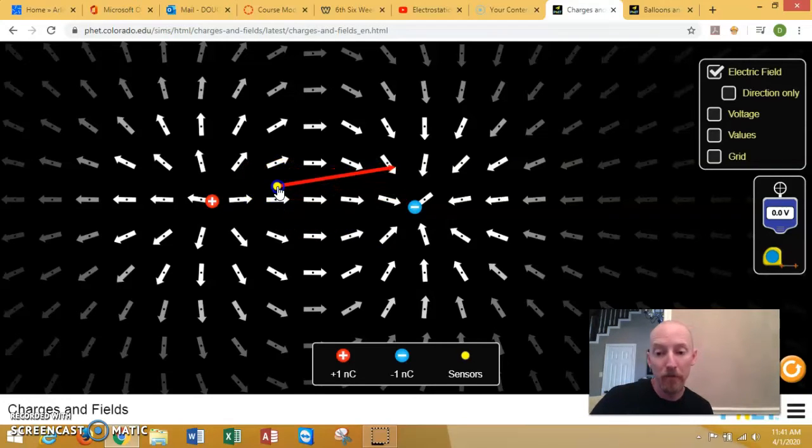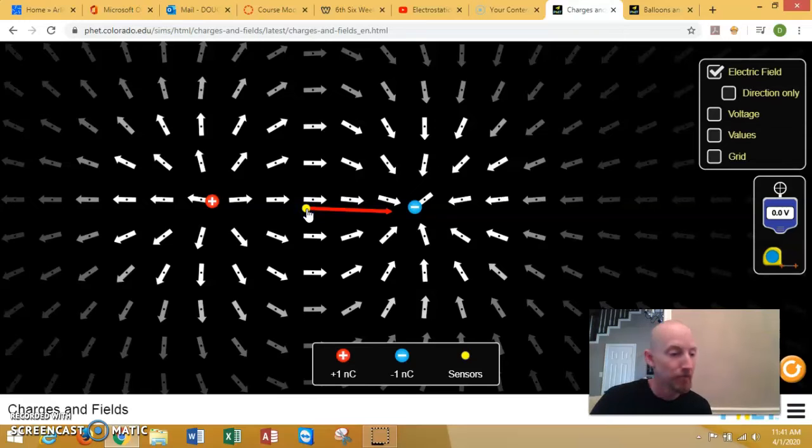Test charges are always positive. Notice this would make sense. Here, this vector represents which way that test charge is going to go. Well, it's going to be repelled from the positive charge because it itself is positive. Like charges repel, opposite charges attract, so it will be attracted to the negative charge. So that is our test charge.